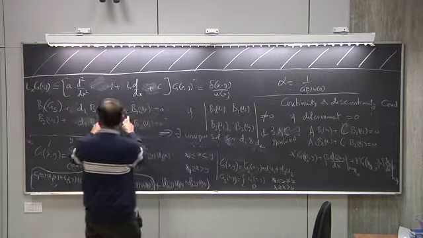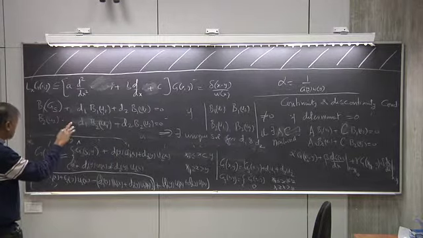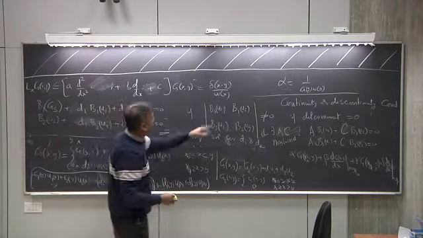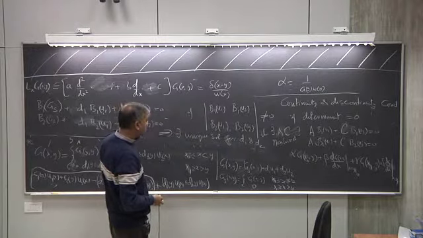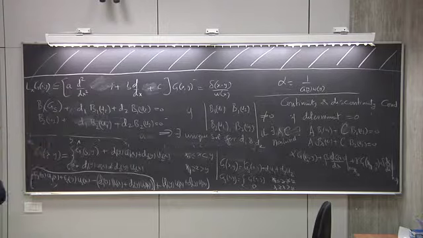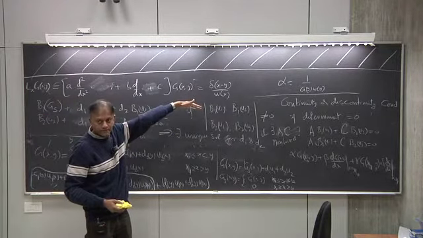Is your question about the Wronskian? Yes, in the Wronskian it was evaluated at y. You're not talking about this one, but the previous thing which was written down.